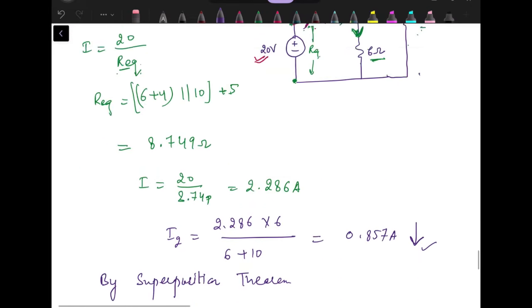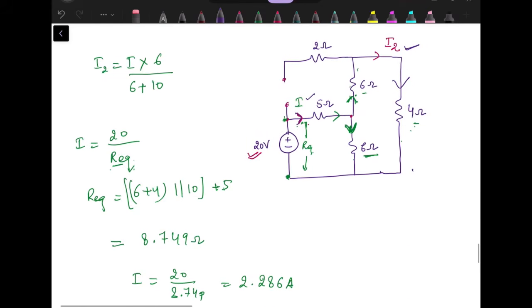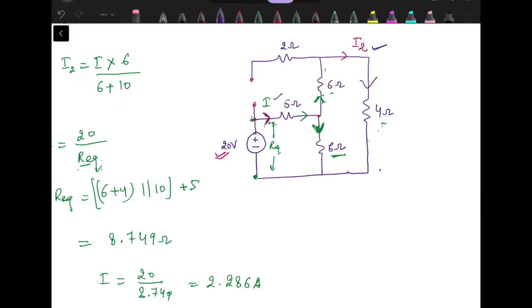I can show you over here that we will get the same answer if we use mesh analysis. Just have a comparison of that one as well. So I can assign two currents, I1 to this mesh and I2 to this mesh.